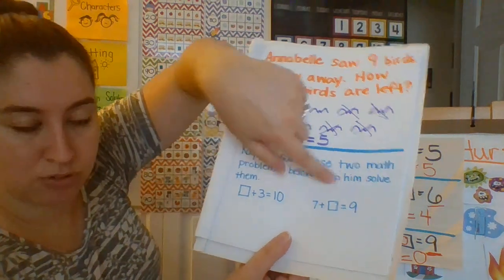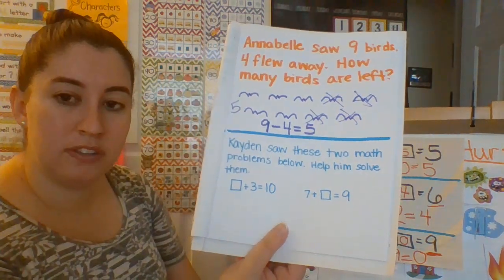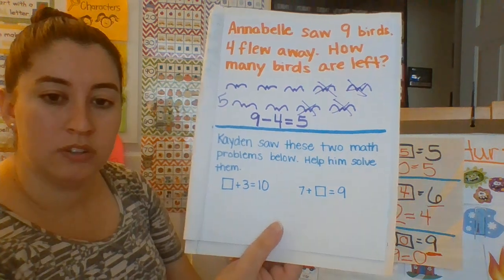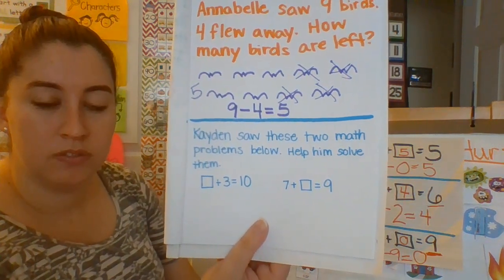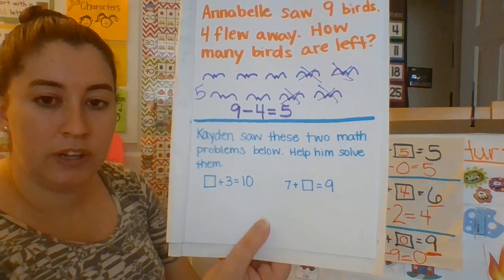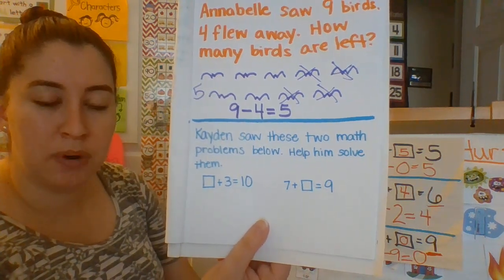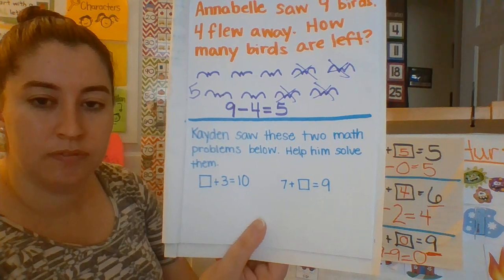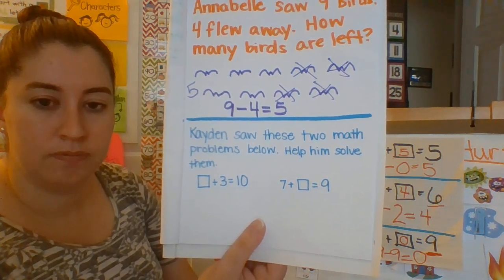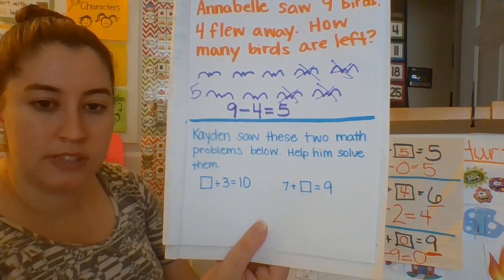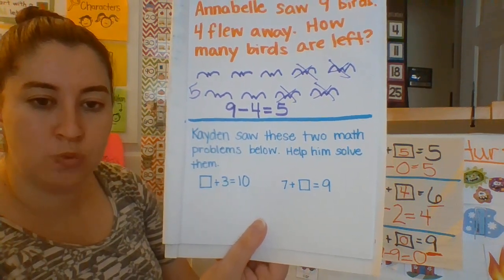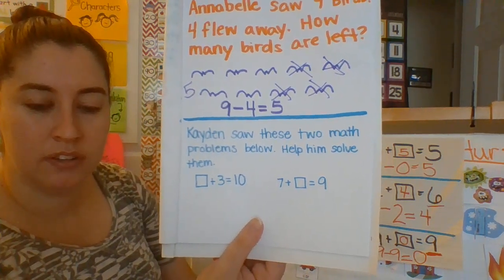Or you can write them next to each other like I did if you can get them to fit. You're going to help Caden solve these 2 math problems today. What plus 3 equals 10? And 7 plus what equals 9?